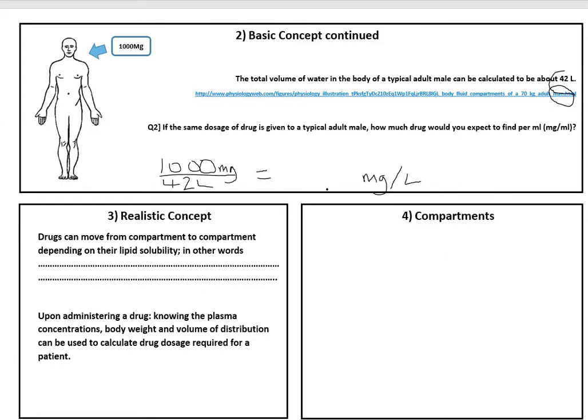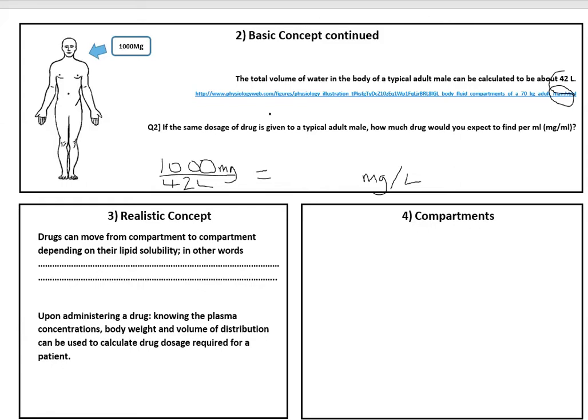I'll let you do the maths, but what you can see is that this adult male's body has 42 litres of fluid in it. If you take a drug of 1,000 milligrams and you divide the 1,000 milligrams of drug around the body evenly, you'll get a certain figure of something milligrams per litre.